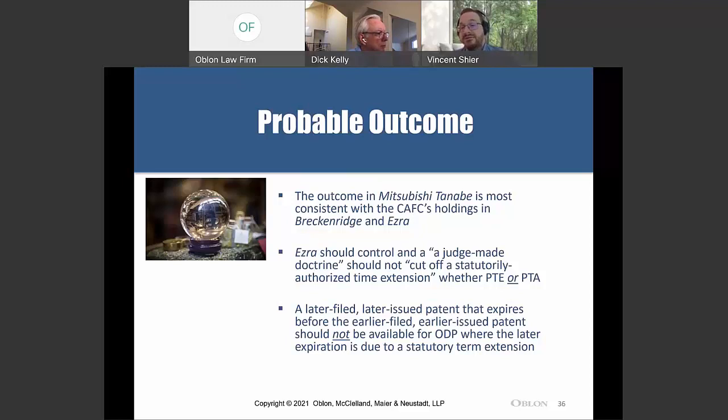And that should apply whether it's PTE or PTA, both guaranteed under the same patent code. And so, in fact, I don't believe that a later filed, later issued patent that expires before the earlier filed, earlier issued patent should be available. In fact, it should not be available for double patenting where it is a statutory term extension.